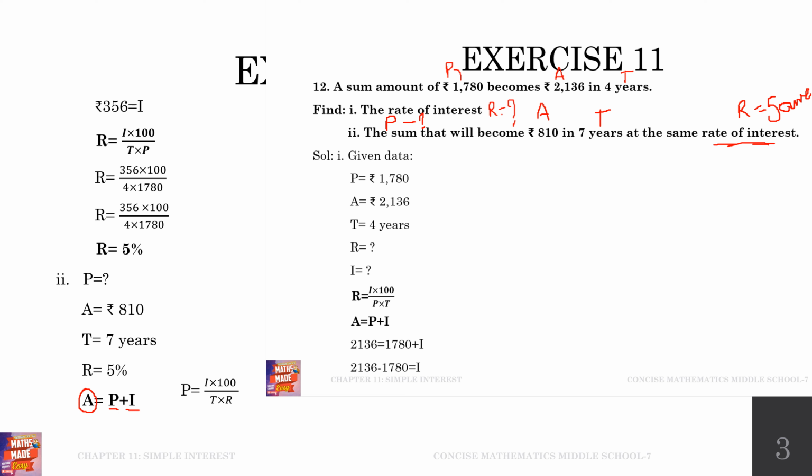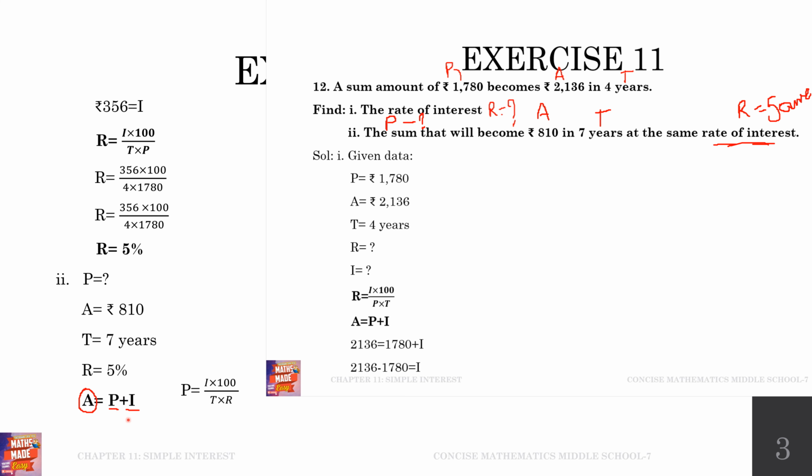So you cannot find any value if you know only one. To find out a value, you need to know two values. If you know A and P, then you can find I. If you know A and I, then you can find out the P value.